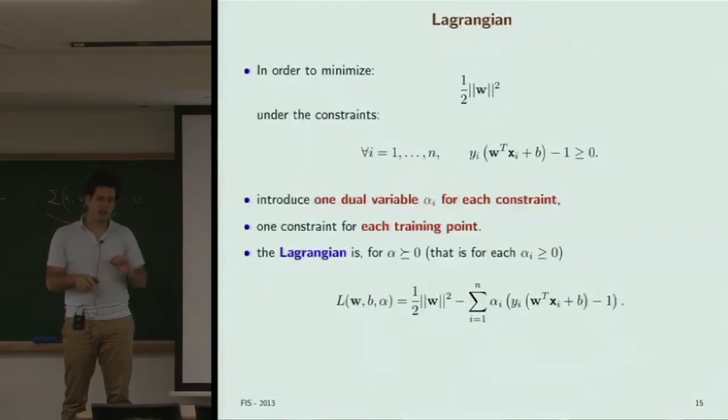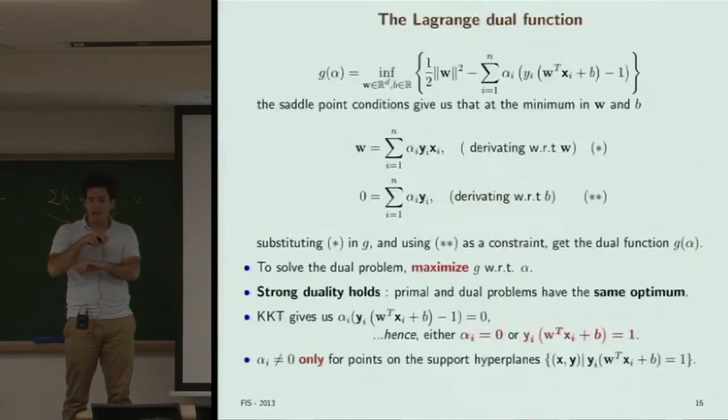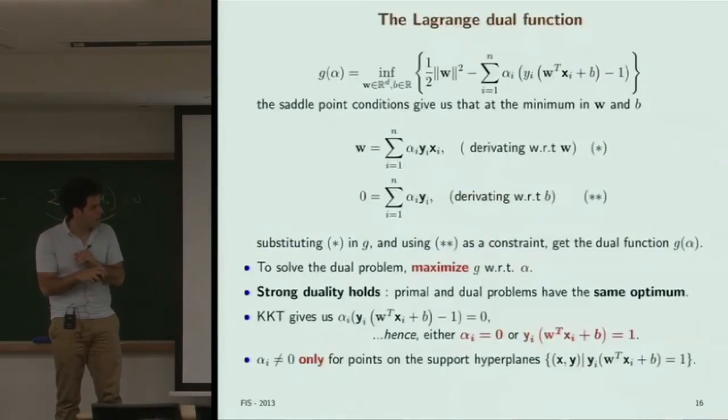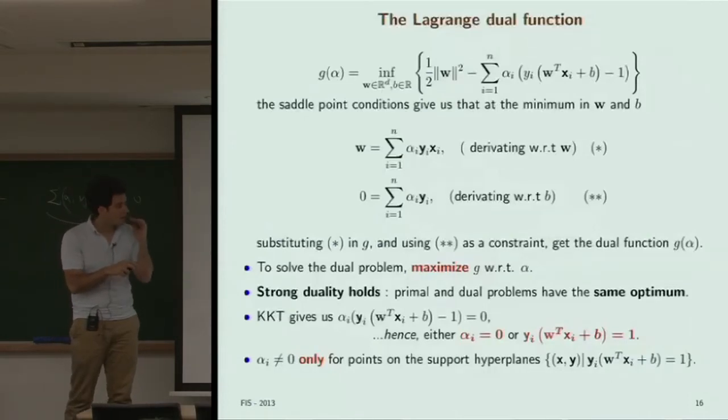To compute the Lagrangian, I need to input a cost for each constraint violation, and that's called the Lagrange multiplier alpha. And now I'm going to do kind of the opposite. I'm going to see the problem as a function of alpha, and I'm going to minimize now only with respect to W and b this term here, which is now similar to this.